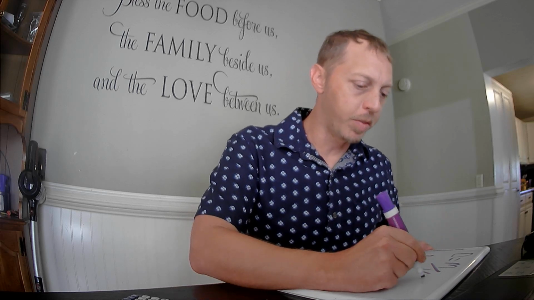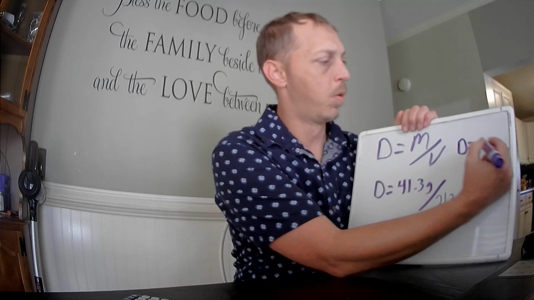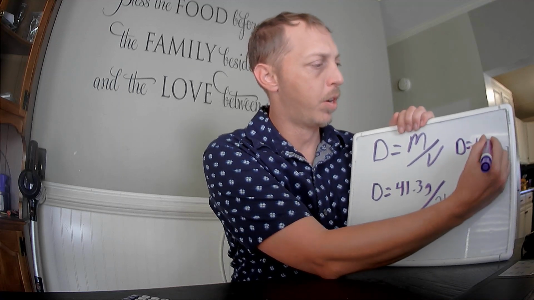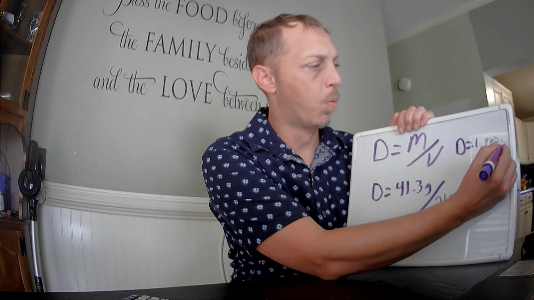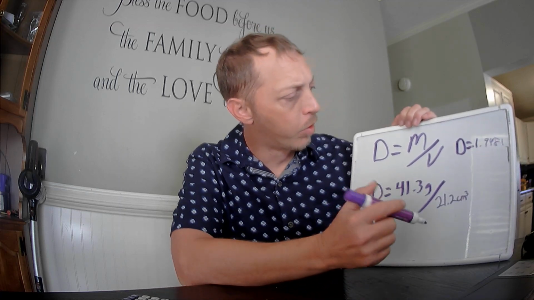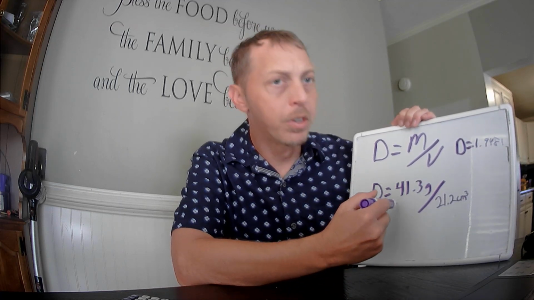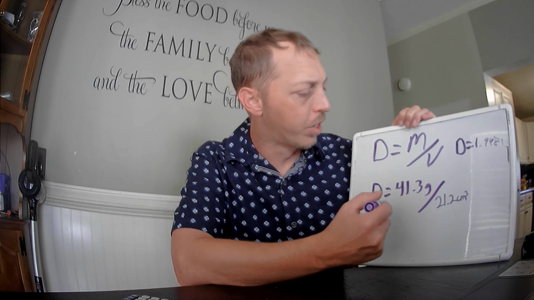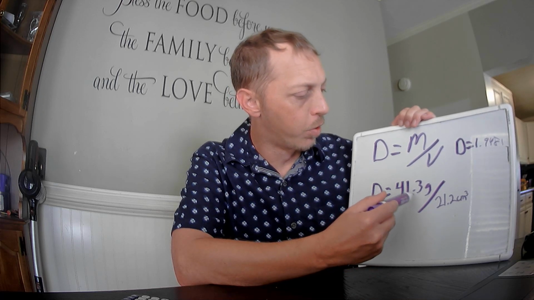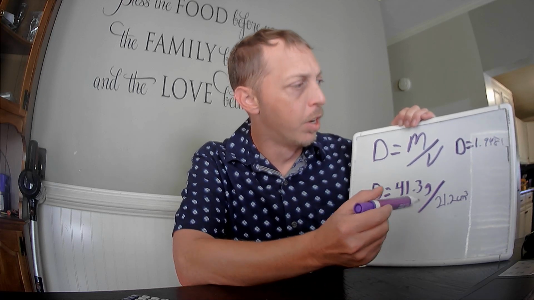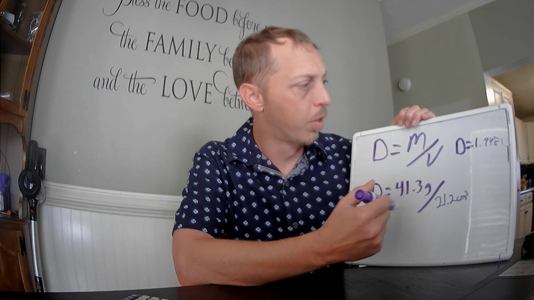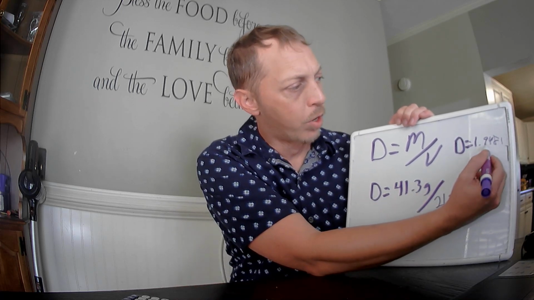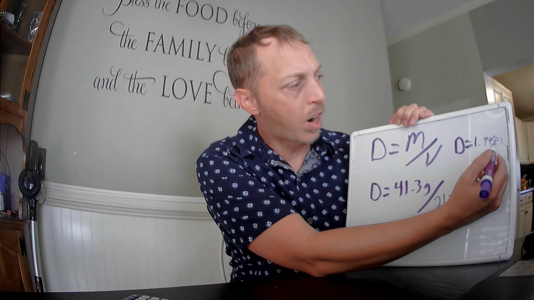All right. So my density for this is going to equal 1.9481. What I'm going to do is look at my significant figures. My significant figures have 1, 2, 3, 1, 2, 3. So my answer can't go beyond 3. So I have 1, 2, 3, 4, 5 in here.